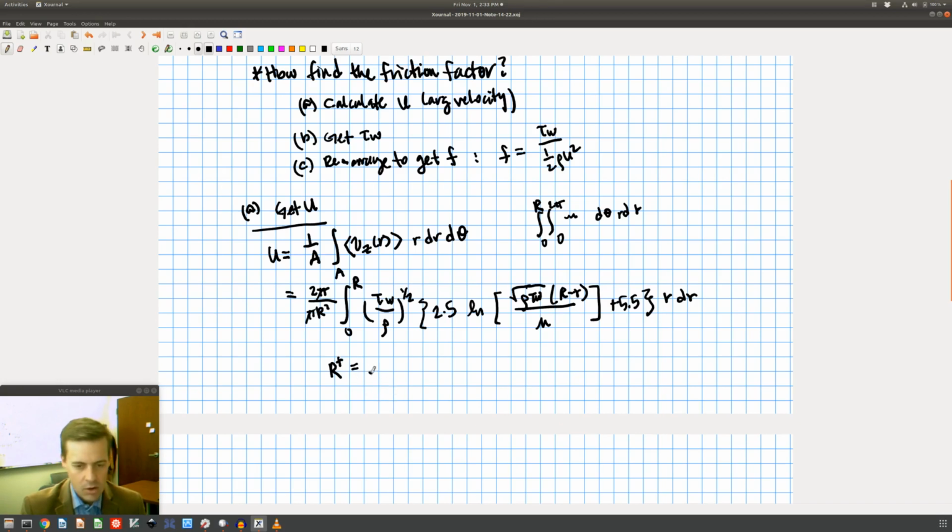So the r wall variable is defined as the square root of rho tau w multiplied by r divided by the viscosity. And then I'm going to define this guy eta, which is going to equal big R minus little r over big R, which is the same thing as 1 minus r over big R.